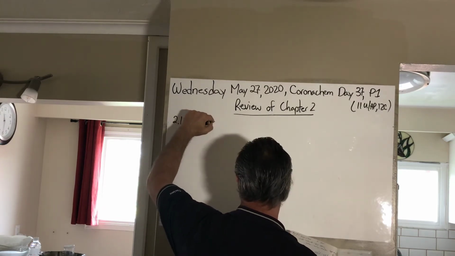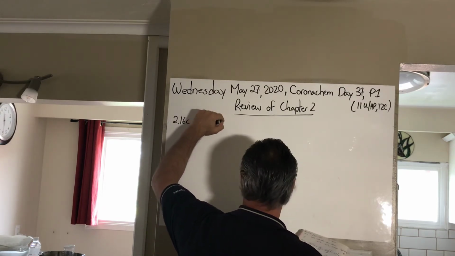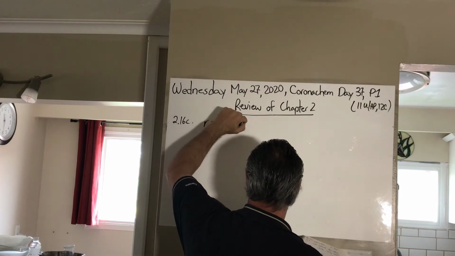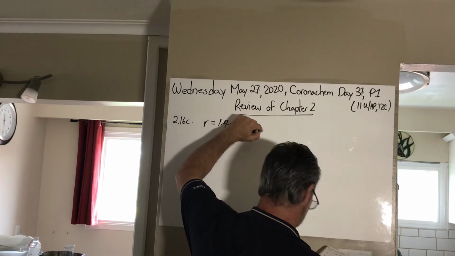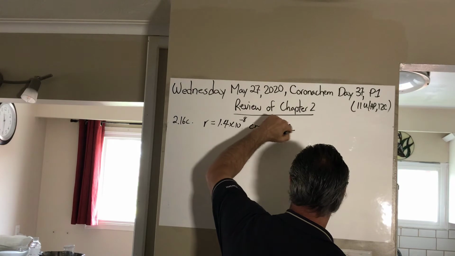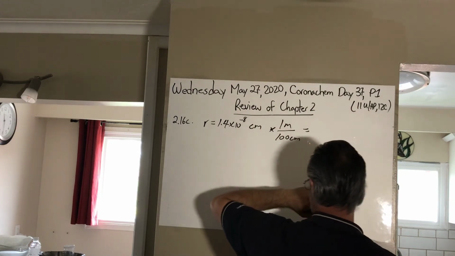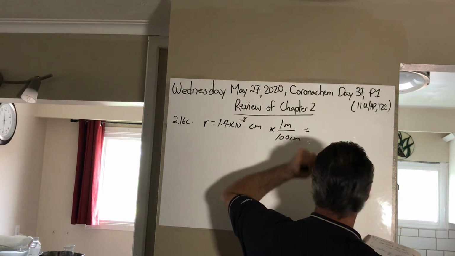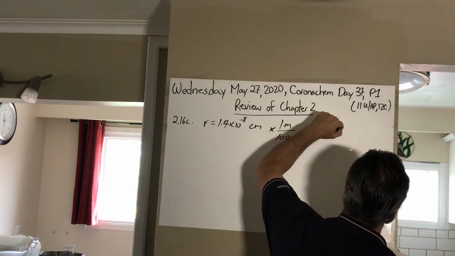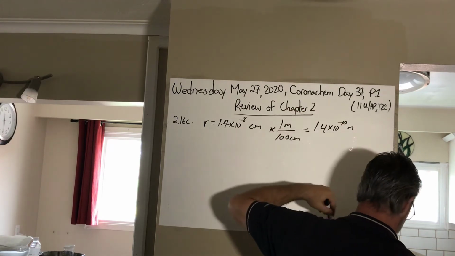So the radius is equal to 1.4 times 10 to the negative 8 centimeters times 1 meter per 100 centimeters. So we're back to 1.4 times 10 to the negative 10 meters as the radius.